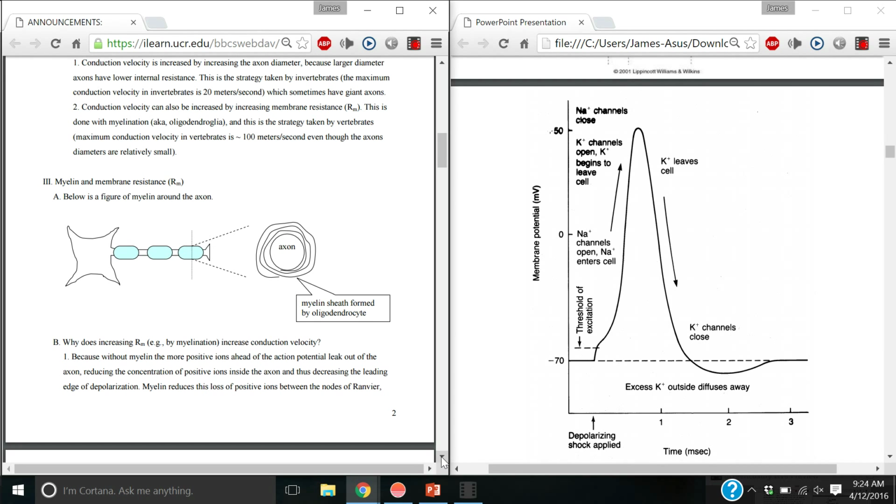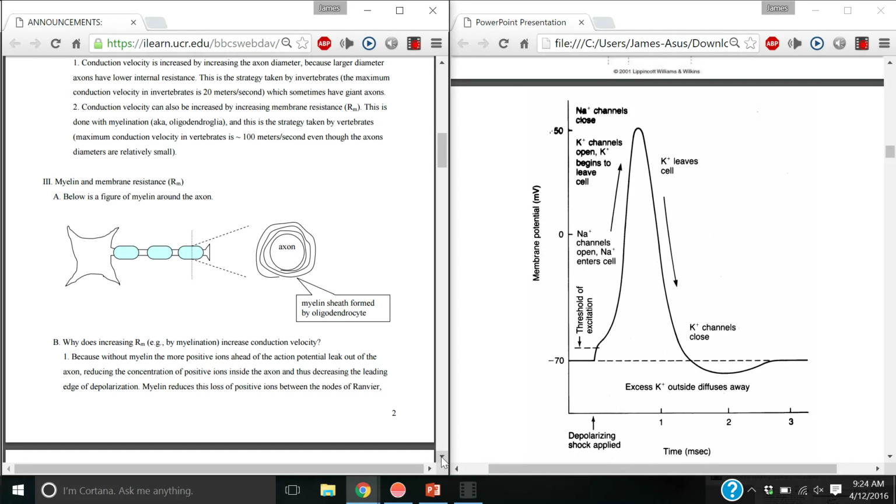But what's important is that there's a safety factor. And so in the distance between the nodes of Ranvier, there's actually a calculable relationship, since not all oligodendrocytes are the same length. There's a relationship between the diameter of the axon and the length of the oligodendrocyte.